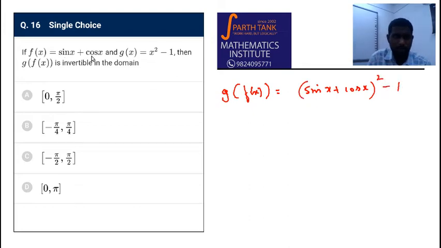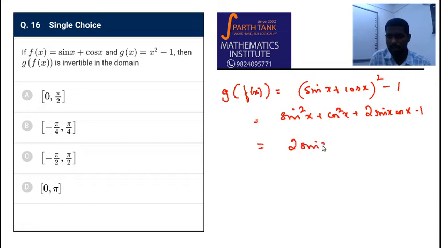That is, you substitute f of x in g of x. This is sin squared x plus cos squared x plus 2 sin x cos x minus 1. So this is 2 sin x cos x, or simply sin 2x. So g of f of x is sin 2x.